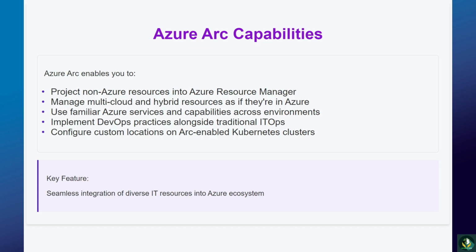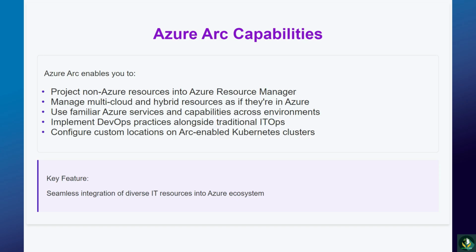As a result, administrators can use familiar Azure portals, APIs, and services to manage resources regardless of where they're actually hosted. This capability extends to the management of multi-cloud and hybrid resources. With Azure Arc, virtual machines, Kubernetes clusters, and databases running on-premises or in other cloud platforms can be managed as if they were running in Azure.